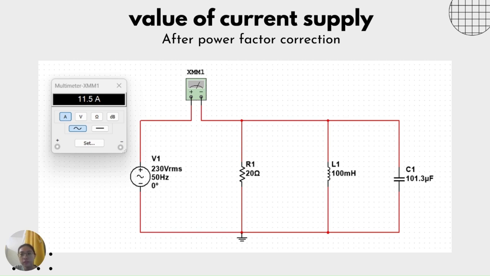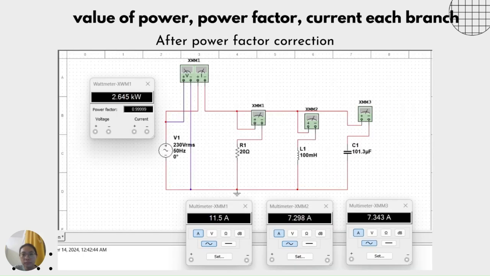The simulation for current supply is 11.5 amperes. After the power factor correction, the value of power is 2.645 kilowatts. The power factor is 0.9999, nearly 1, which is unity.